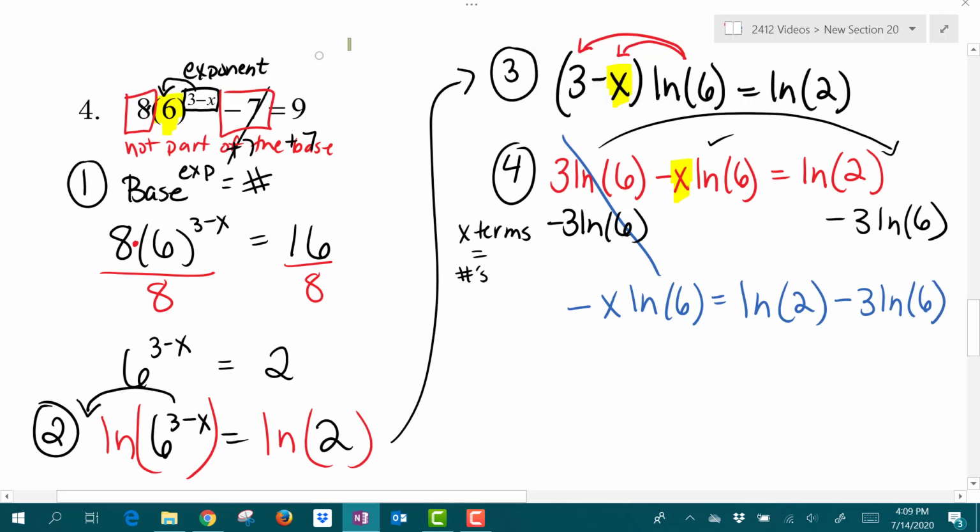All right, we're still trying to get x by itself. So I want to get rid of the negative and also the 6. If we want to think of it like a negative 1 times, then what we can do is divide both sides by the negative 1 and the natural log of 6.